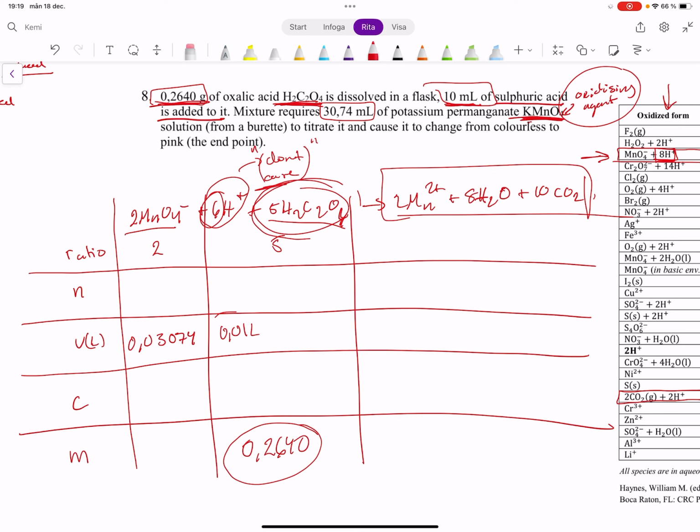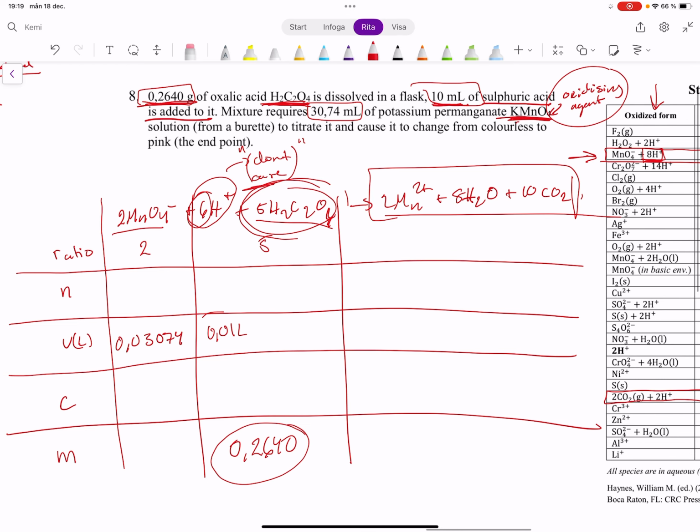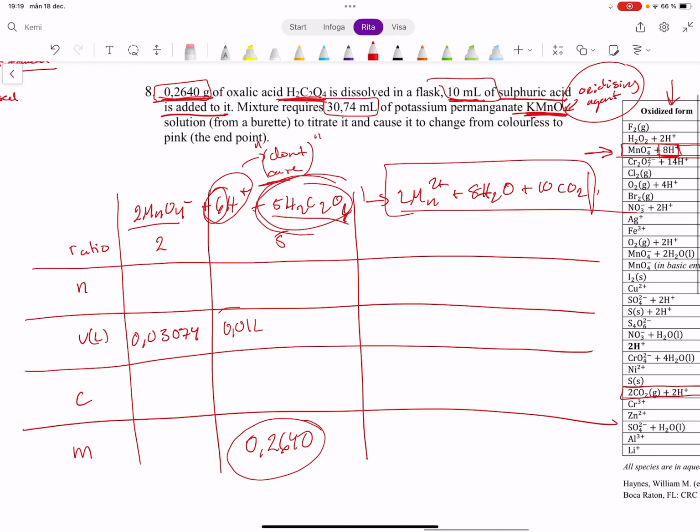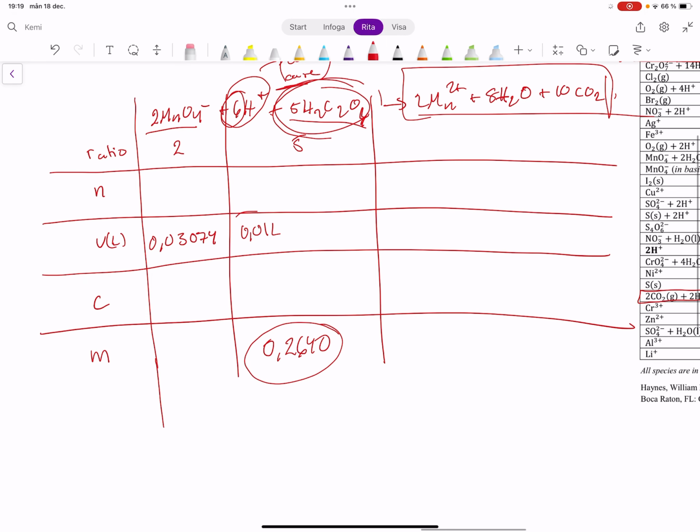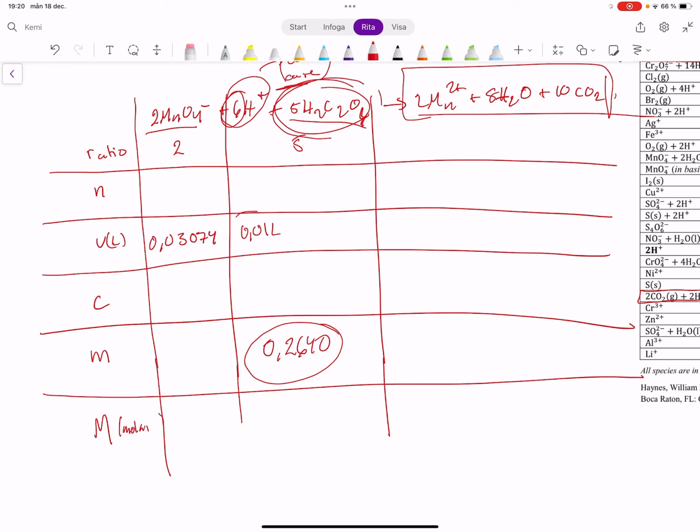Do we have anything else? Okay. Now there are a couple of things that we can do. Because they have given us mass, we can also look up molar mass.